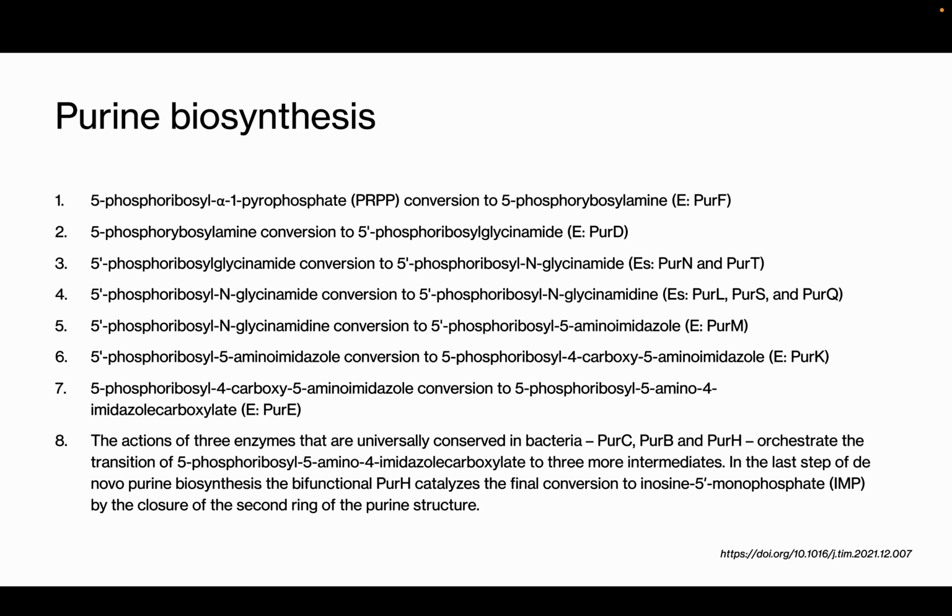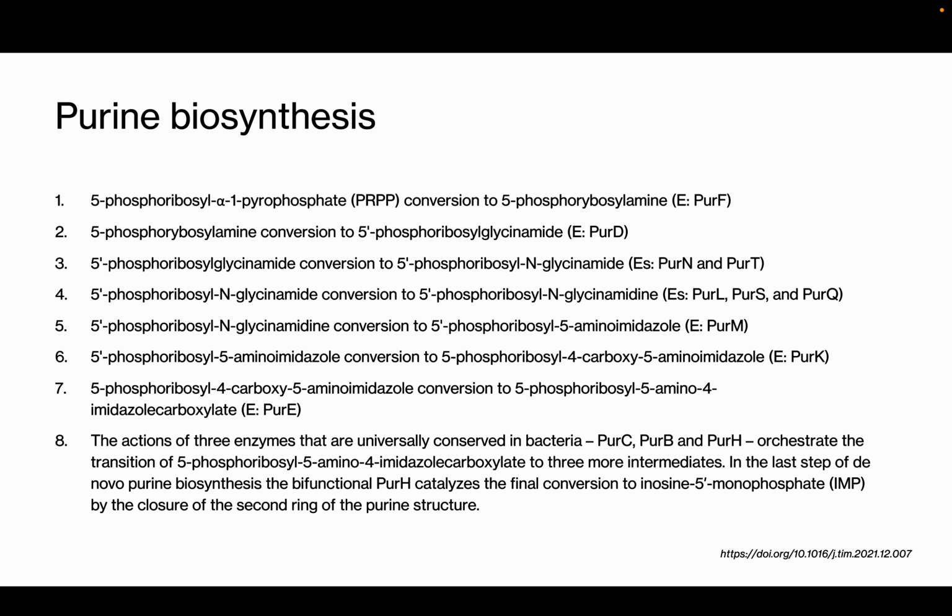This is in order of the intermediate conversions: PurF, D, N, T, L, S, Q, M, K, and E. So from steps 1 to 7, these are just conversions from PRPP, the starter molecule, down to 5-phosphoribosyl 5-amino-4 imidazole carboxylate.